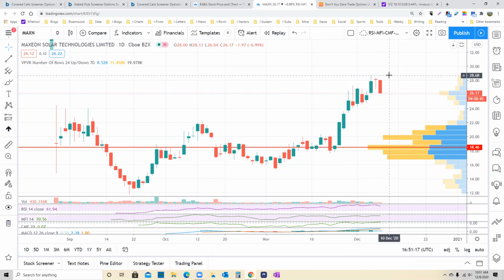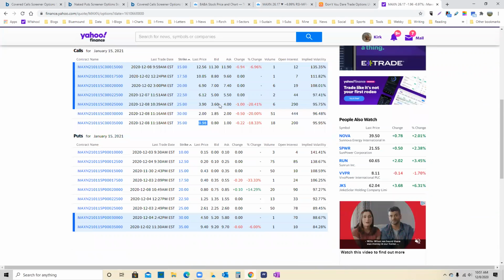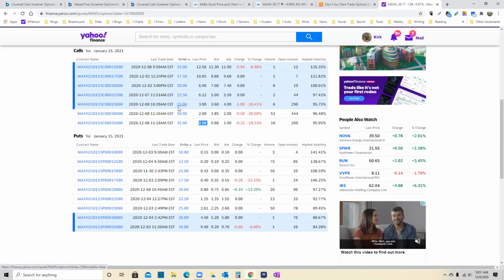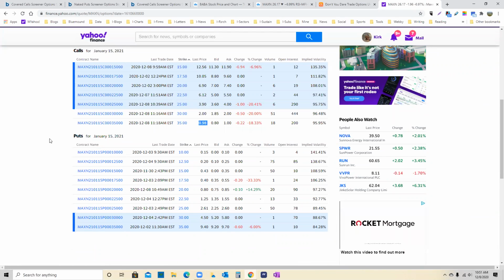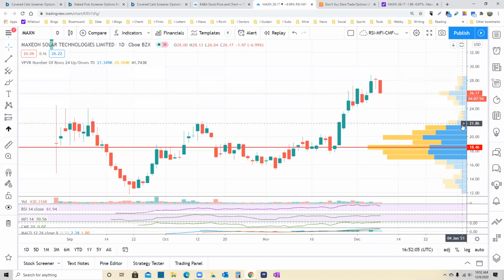Could you sell covered calls? I guess you could. I would probably sell a $25 covered call for January, and I'd take all this off the table. If you get called away at a net price of 25 plus 3.90, that's 28.90, which is above today's price, but it lowers your cost basis, or it takes 3.90 out if it goes below 25.